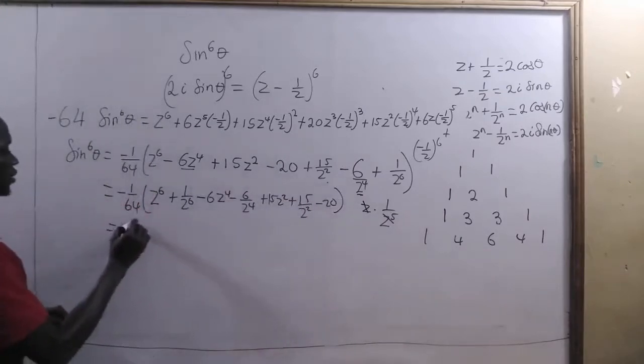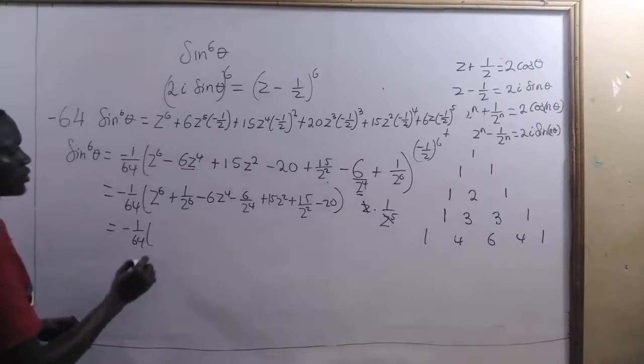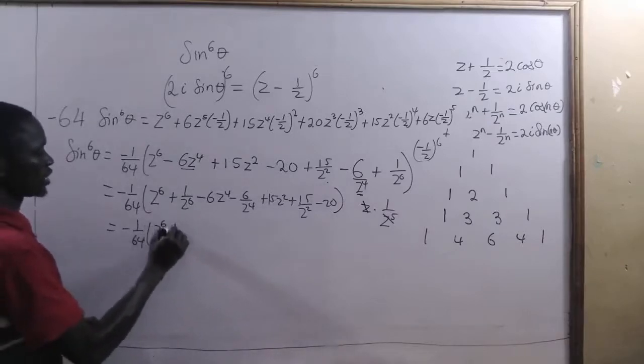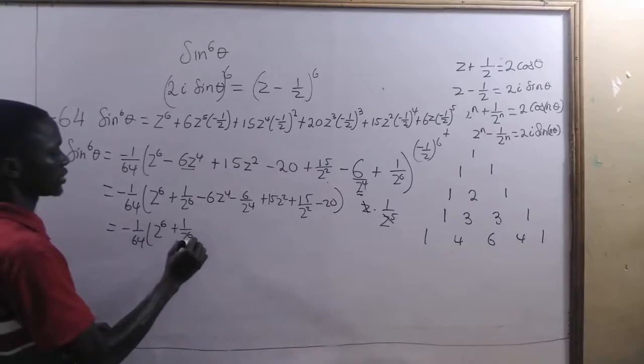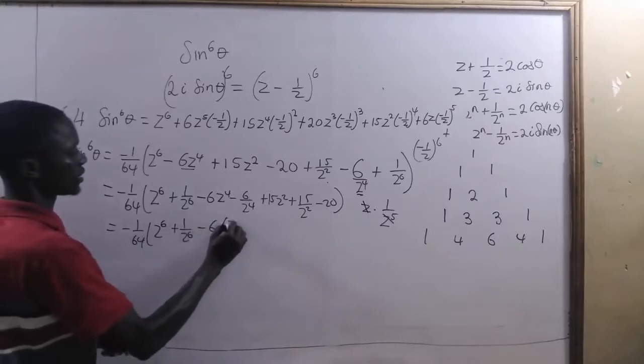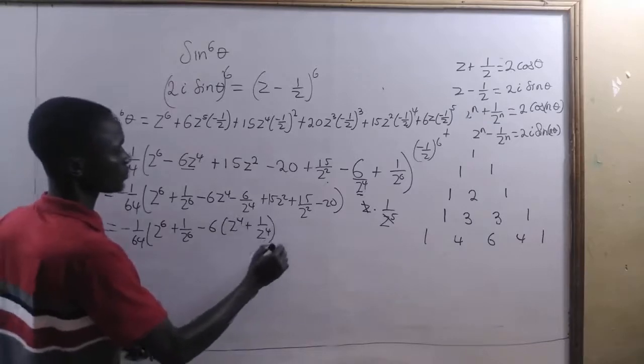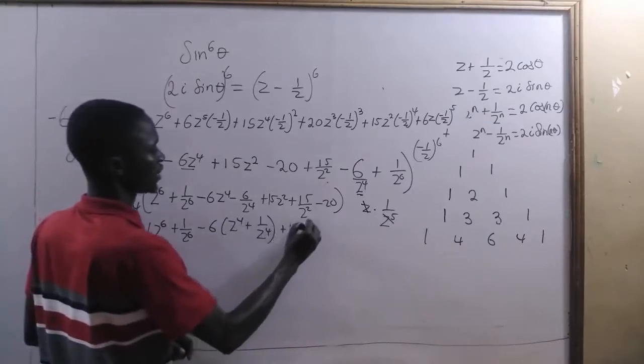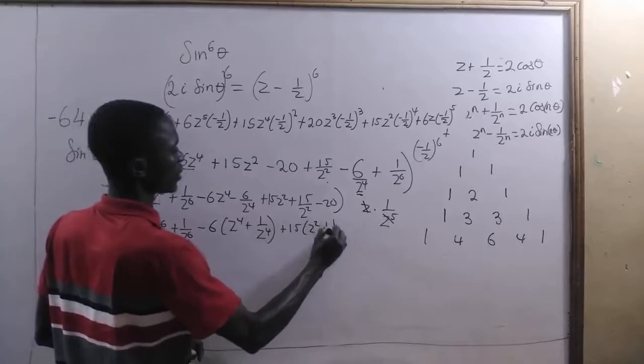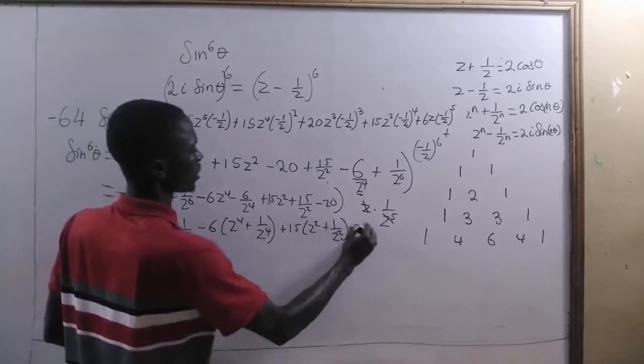So we have minus 1 on 64 z to the power 6 plus 1 on z to the power 6 minus 6 into bracket z to the power 4 plus 1 on z to the power 4 plus 15 into bracket z squared plus 1 on z squared minus 20.